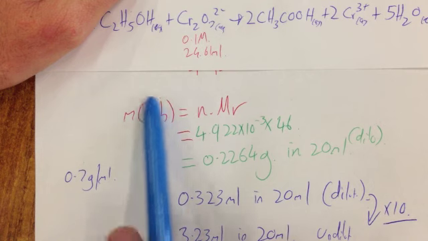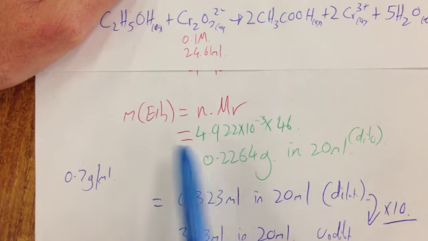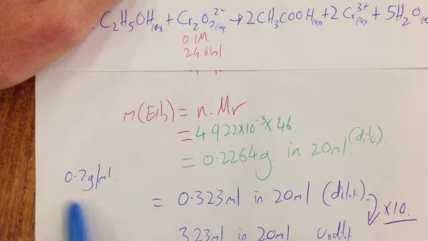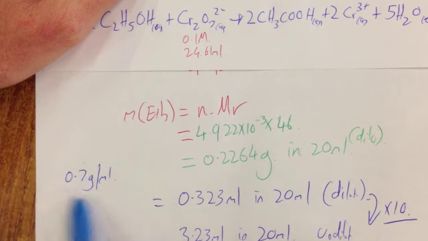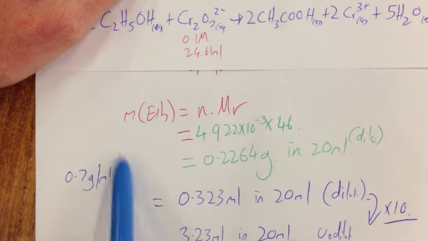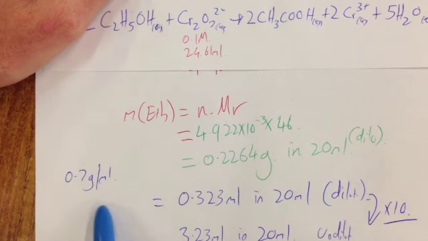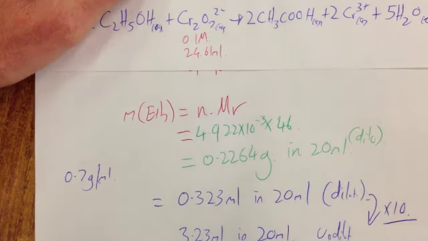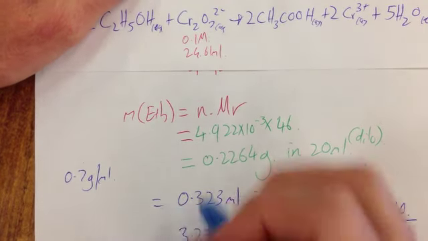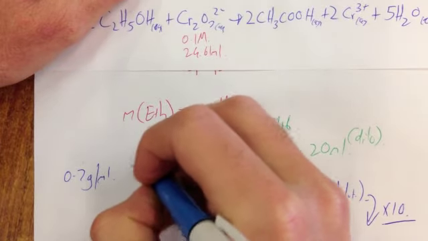We get the mass of ethanol using the idea of density is about 0.7. If it's not, don't kill me, but I think it's about 0.7. And we get our mils of ethanol. To get from grams into mils, we divide by density.